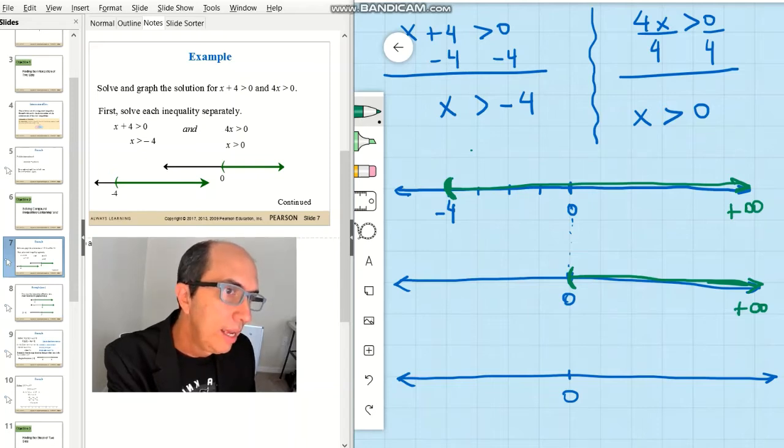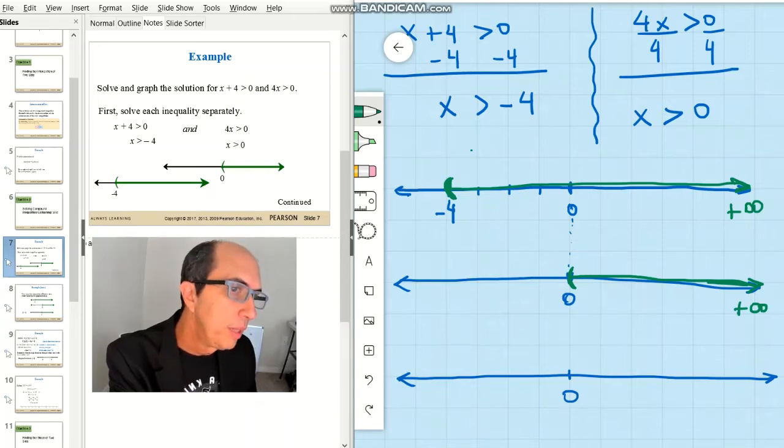Does everything between negative 4 and 0 belong to both sets? Have a look here. No, it just belongs to one set, the first set, right? It doesn't belong to the second set. So this set of numbers between negative 4 and 0 is out.